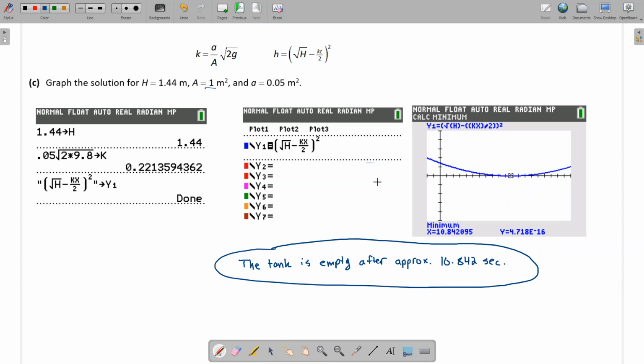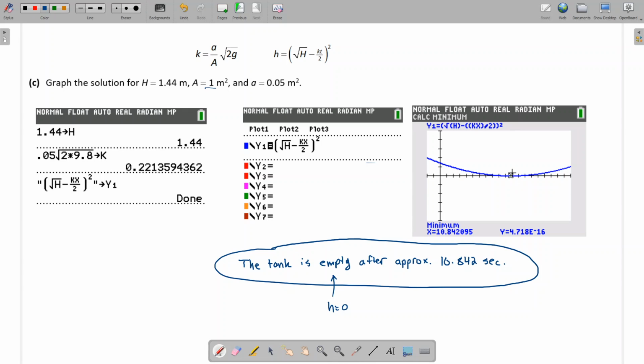Okay, so we got it in y1, we graph it, and we're supposed to find, maybe that's what part D was. Hold on one second. Okay, I forgot to copy over part D. Part D said, find how long it takes until the tank is empty. Well, the tank being empty means h should be 0, right? The function itself should be 0.